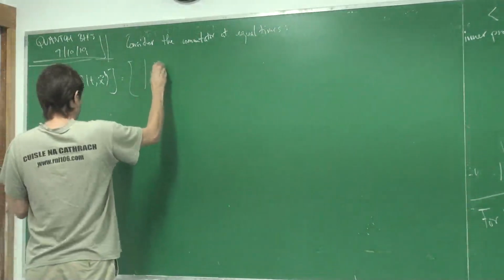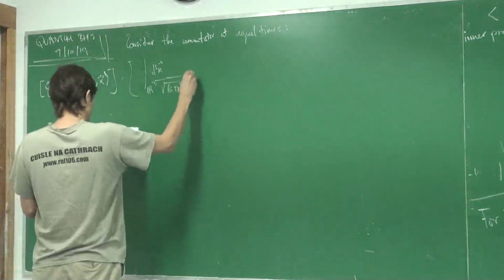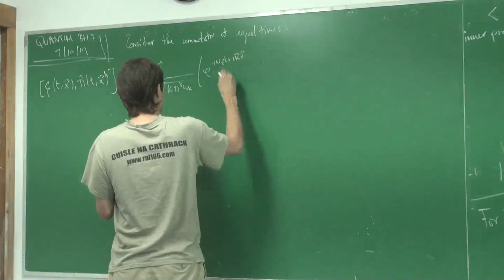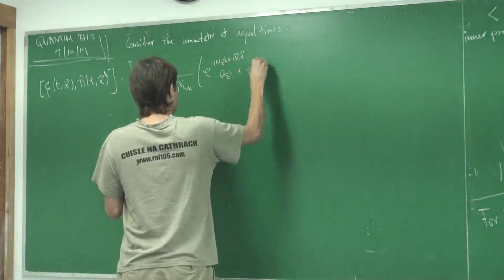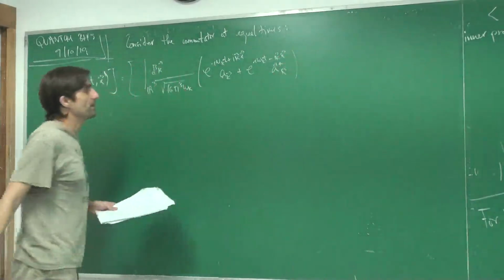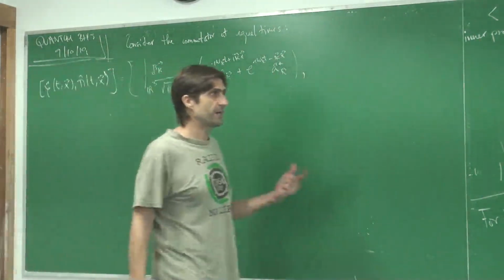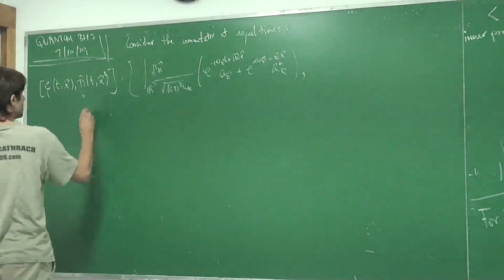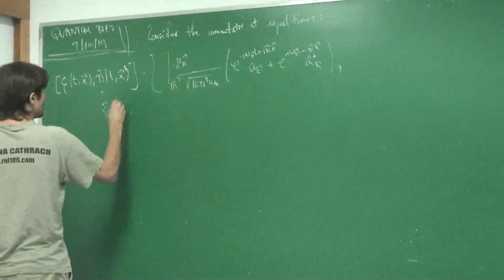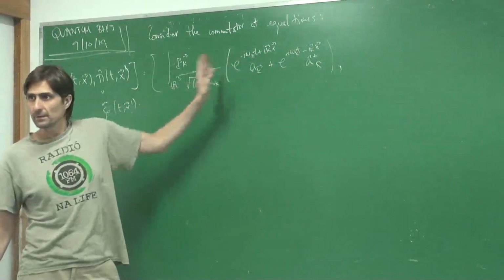For phi, we've got this, and for pi, which is phi dot, you take the derivative with respect to time of this.